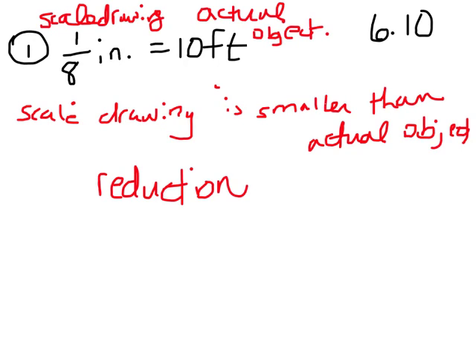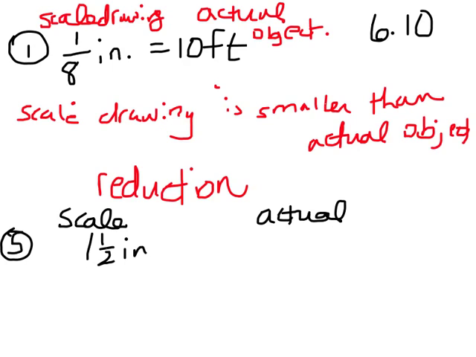Let me pick one that's the other way around so you can kind of see how they're doing it. Which one? 5. Yeah, 5's a good example. So if you look at 5, remember, this is the scale, and this is the actual, on this side. So they have 1.5 inch on the left, that's the scale version, and they have 1 inch on the right.